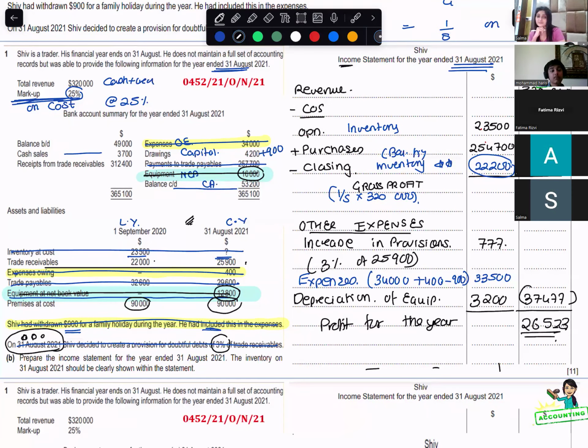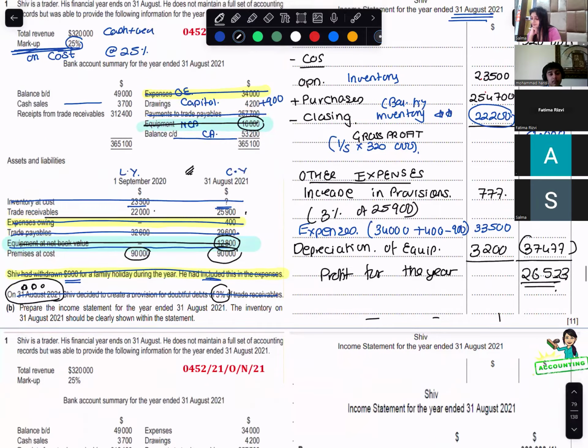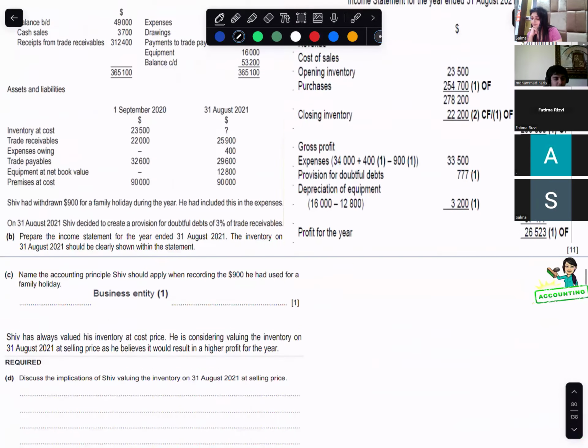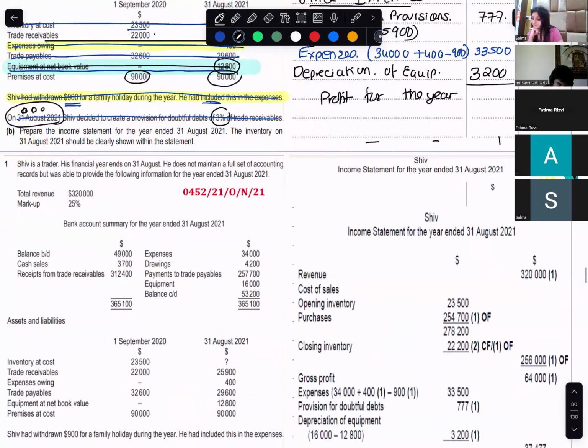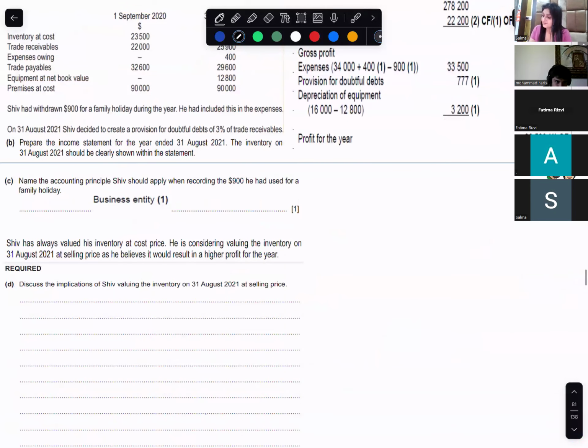Okay, are you with me? Read ahead. Fatima, please read ahead. Name the accounting principle Shiv should apply when recording the 900 he used for family holiday.